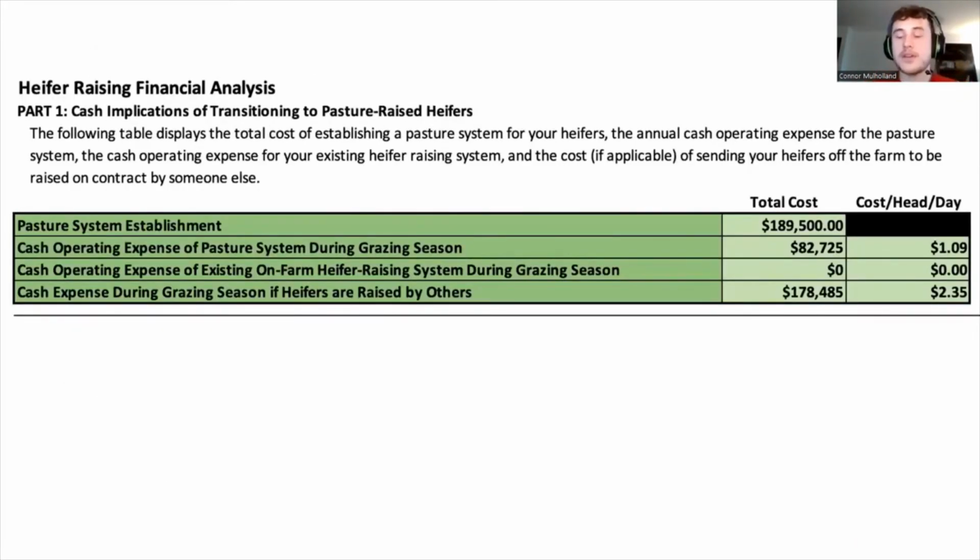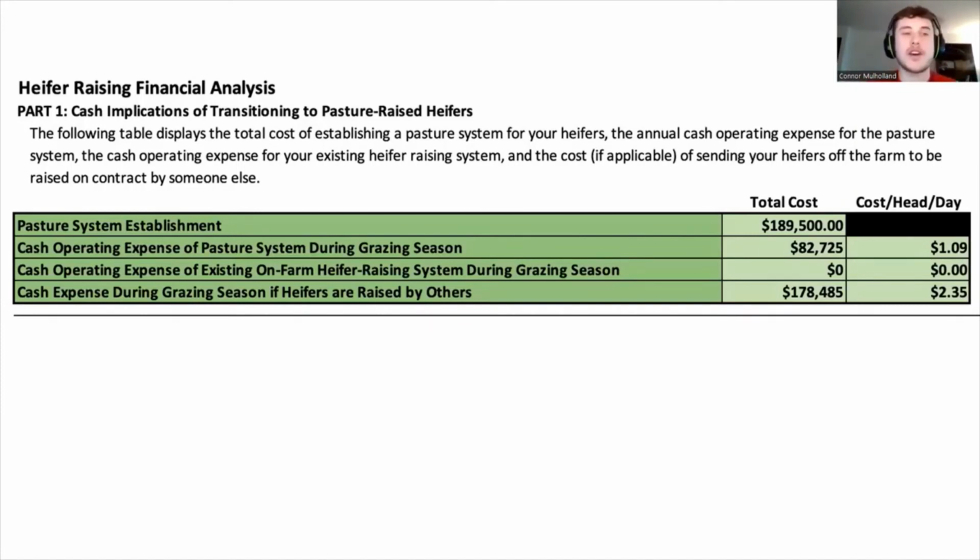Just a quick timeout. As a junior economist, we are looking at economic costs. So economic cost is cash plus depreciation plus opportunity cost. First thing we compare is cash, because this is the most real, the most tangible expense.